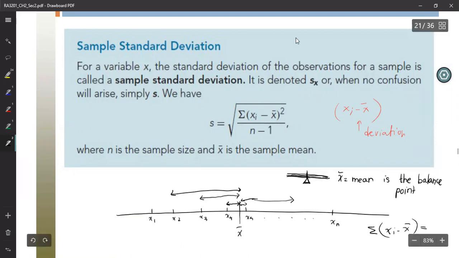Remember, mean is the balance point. Who can answer that question?